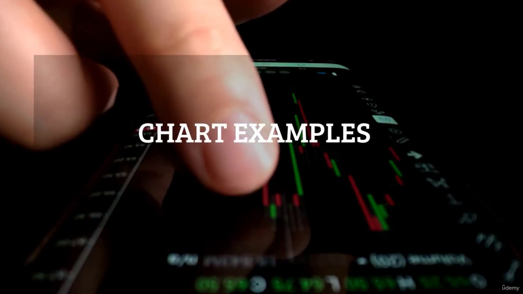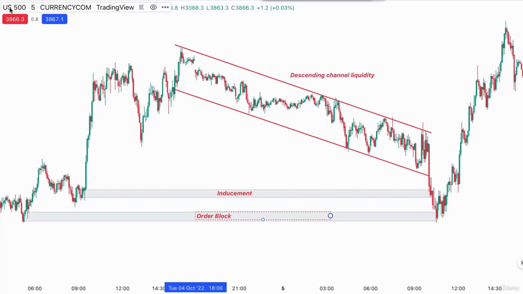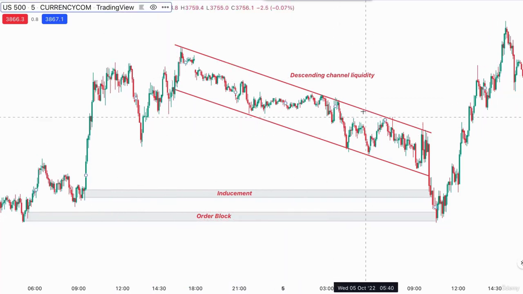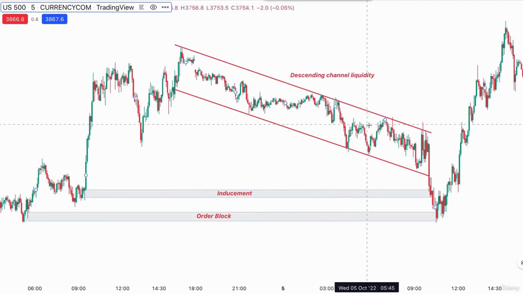Let's move on again to the chart to see some examples. In this example, we are using the US 500 5-minute chart. After the extensive bullish move that made the break of structure, price retraced back in a descending channel pattern to accumulate retail positions.